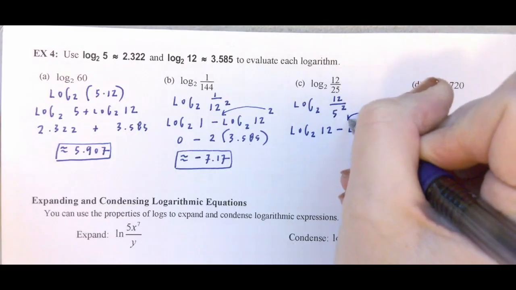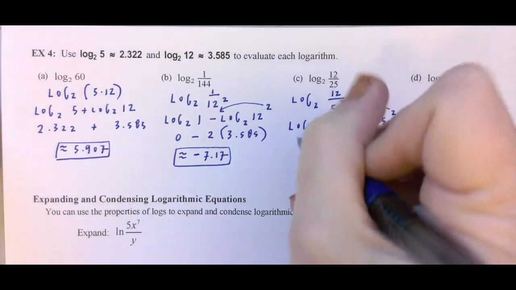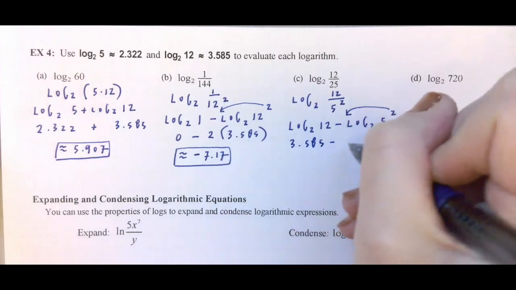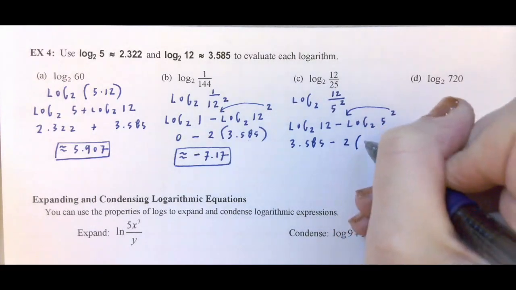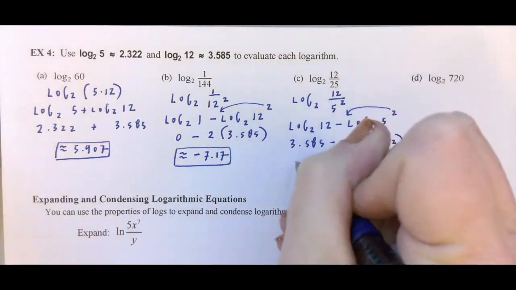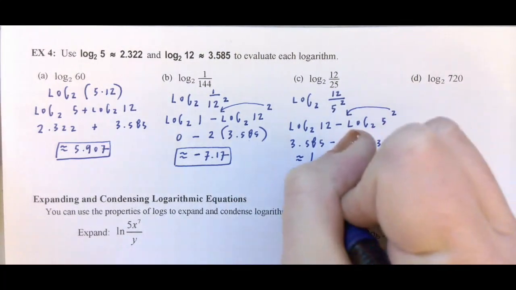And again, that 2 can pull out in front. So using the quotient property and the power property. Okay, and then I have 3.585 minus 2 times 2.322. Okay, and that's going to get me, in the end, 1.059.